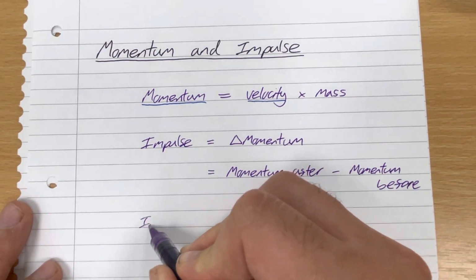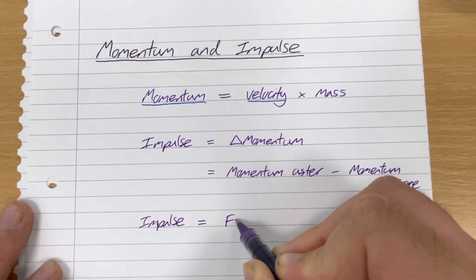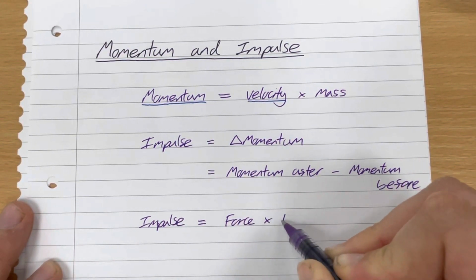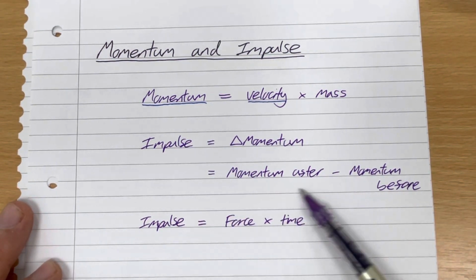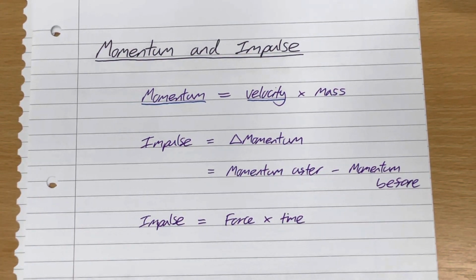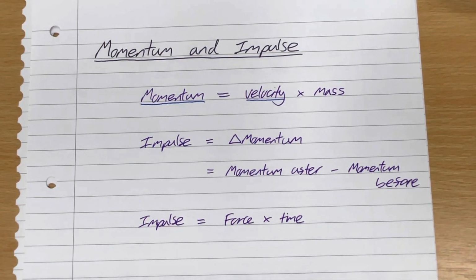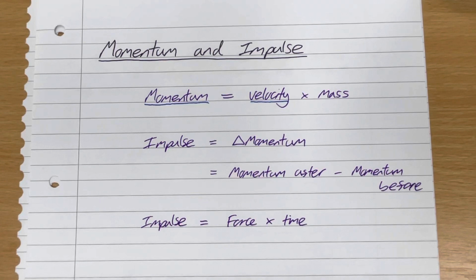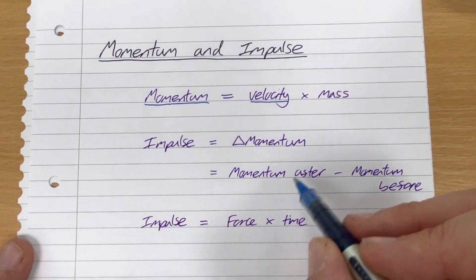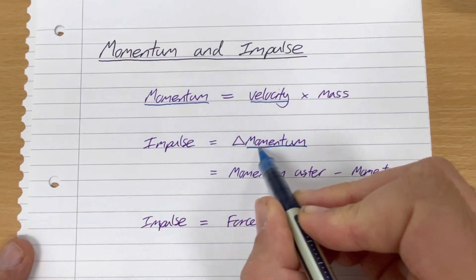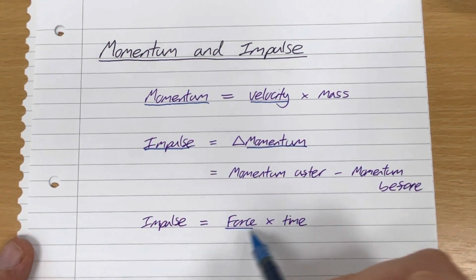But impulse has another definition as well, which you need to be aware of, and that is force times time. And we use this definition and this definition of momentum in conjunction with one another quite often to find perhaps unknown forces or unknown times, given some details about the velocity, momentum, etc. Now, because momentum is a vector and this is a change in momentum, then impulse is also a vector, and we can look at this as being a vector times a scalar.